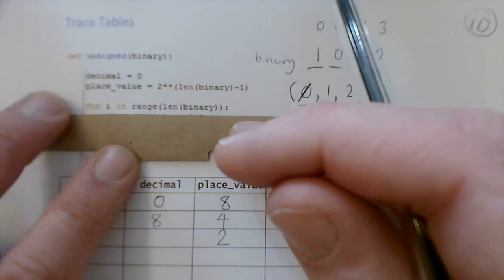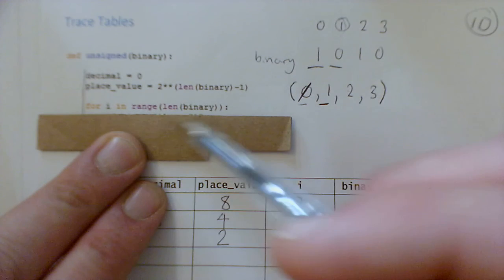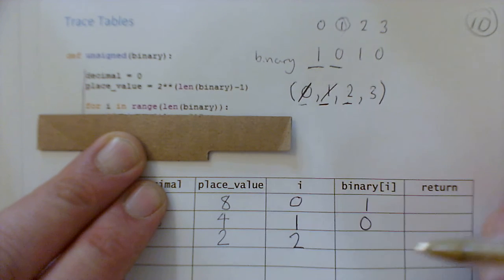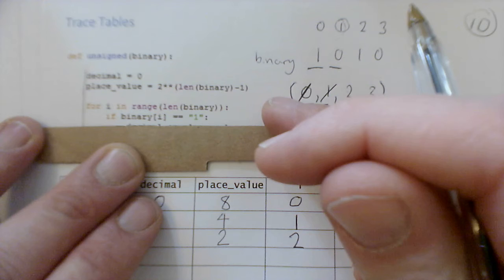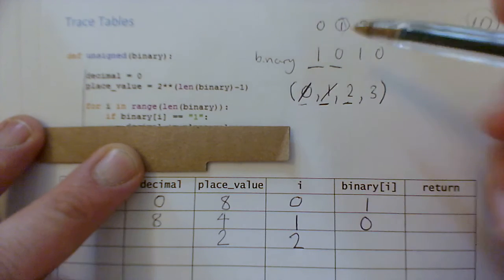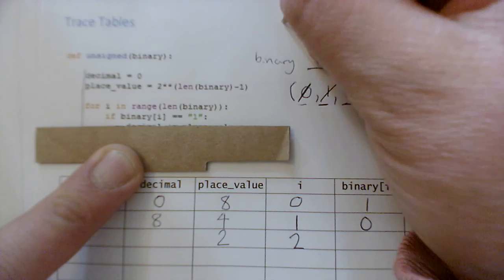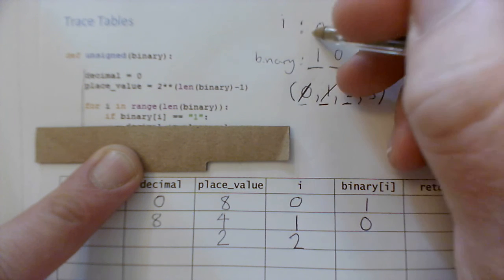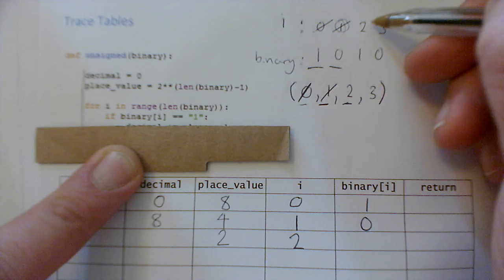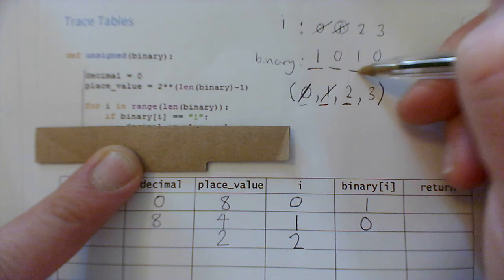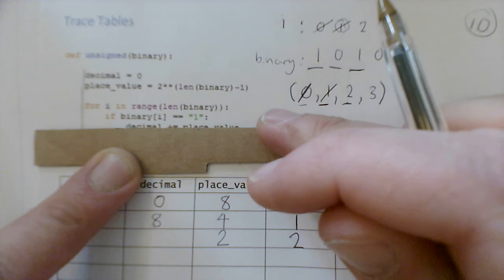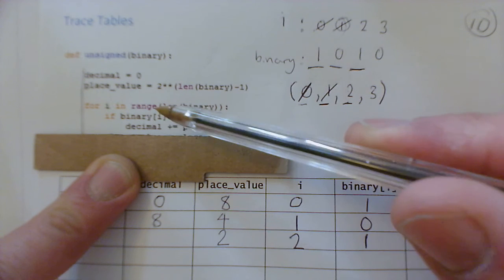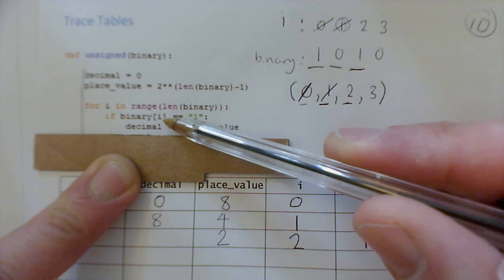So back up to the top, and the next value of i is the one next along the list, which is 2. If binary[i] is 1, so this is i, that's best if I write it out like that. So I'm in position 2, which is 1. And this statement is true.